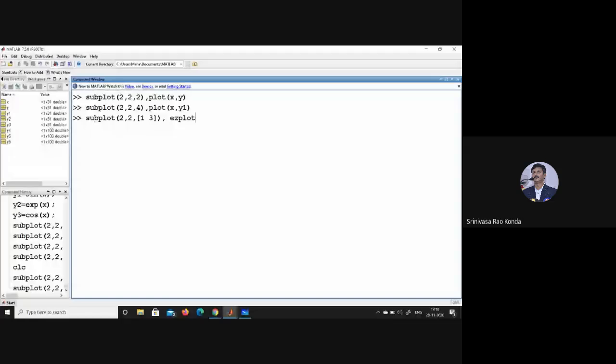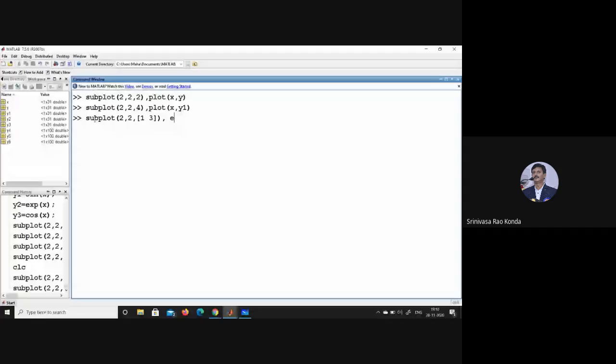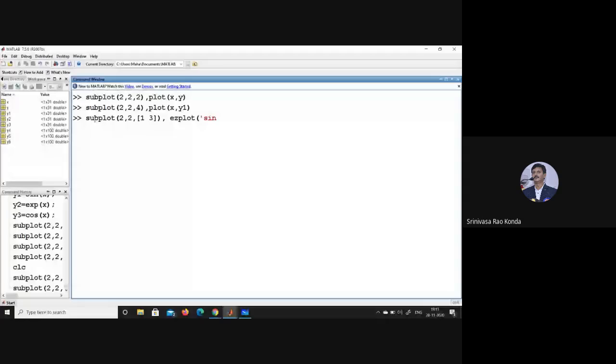I'm taking is plot. Not only plot, general plot also we can take. We can do anything. Not only plot, stem we can use, area. Anything, I'm just taking plot here. sin square x by x is sin x by x.